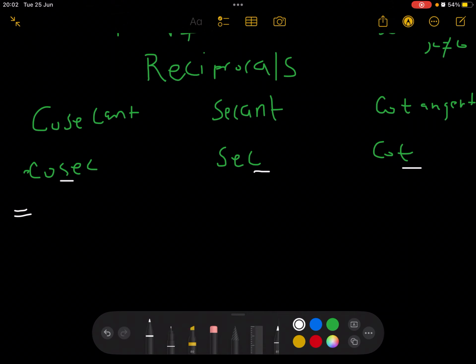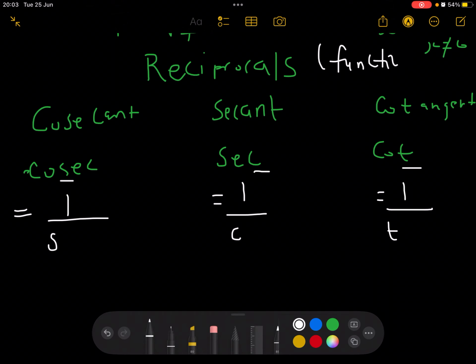So this means 1 over the function that starts with s, this means 1 over the function that starts with c, and here it's 1 over the function that starts with t. These are reciprocals of the functions of trigonometry.